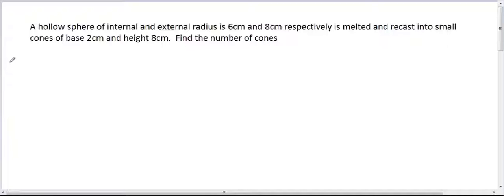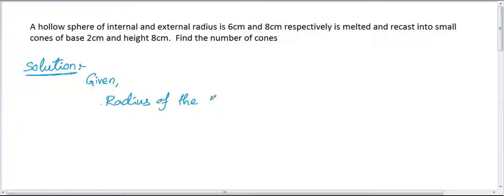Let's solve the question which I have written on the whiteboard. Given a hollow sphere of internal and external radius 6 cm and 8 cm respectively.